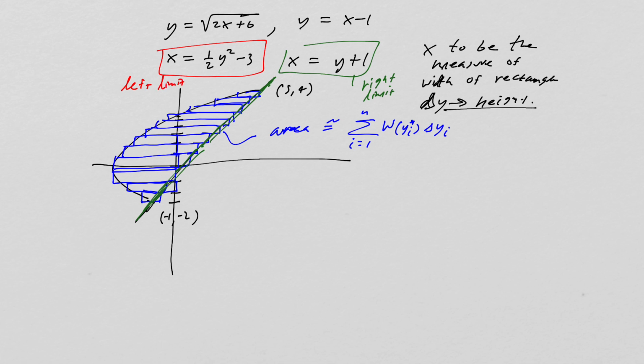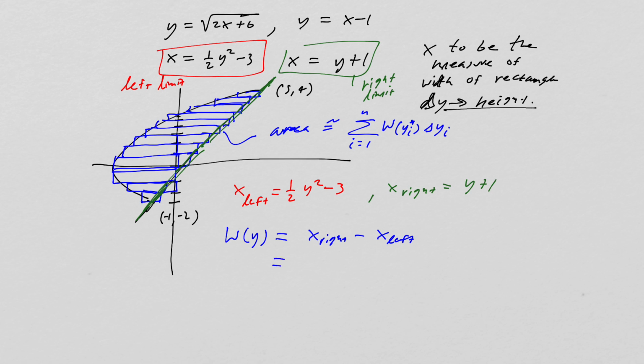What we can also say is that x left is equal to 1/2 y squared minus 3, and that x right is equal to y plus 1. So the width function as a function of y is going to be x right minus x left, which should give me the width of each rectangle.